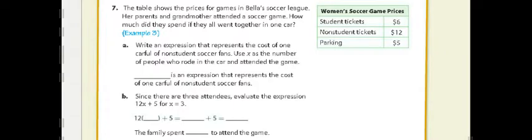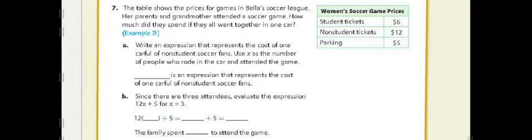Okay, I want you to go ahead and work on number 7. The table shows the price for games in Bella's soccer league. Her parents and grandmother attended a soccer game. How much did they spend if they all went together in one car? For part A, write an expression that represents the cost of one car full of non-student soccer fans. Use x as the number of people who rode in the car and attended the game.